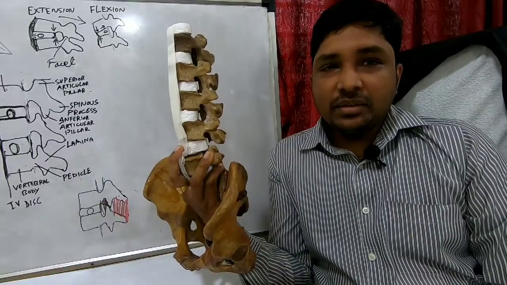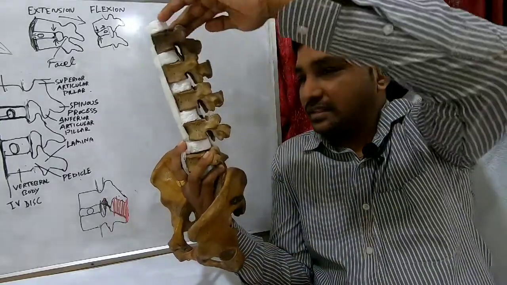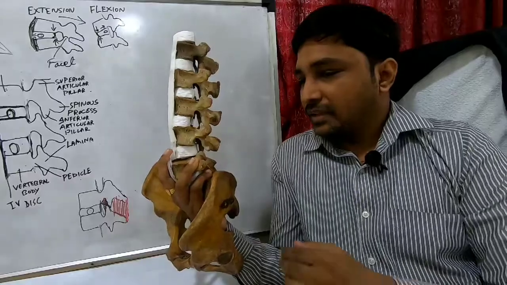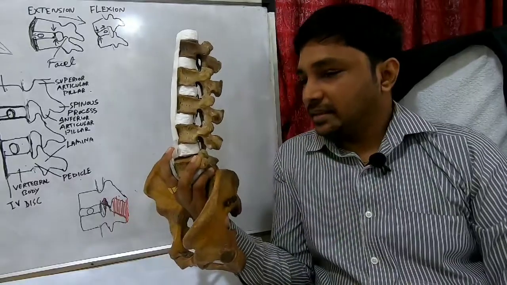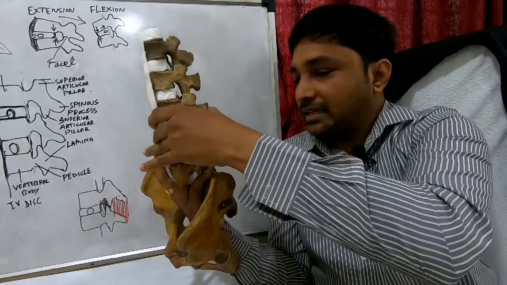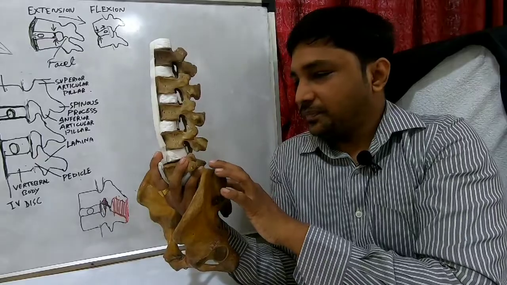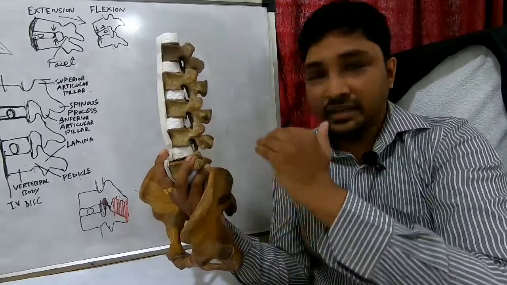One thing you should remember is that in flexion, when I say 50 degrees, the distribution among the different segments is not uniform. Maximum flexion occurs at L5-S1 and as you go up it reduces.